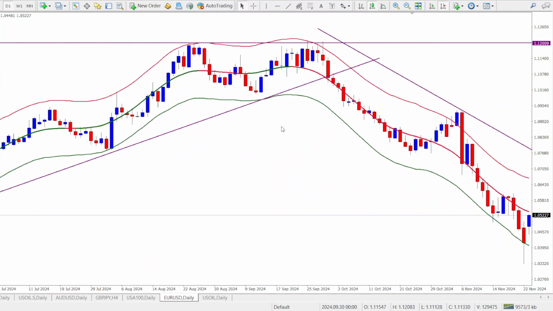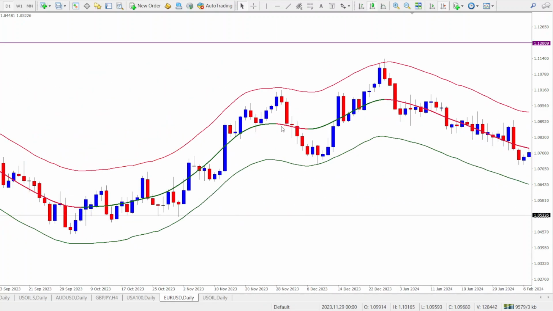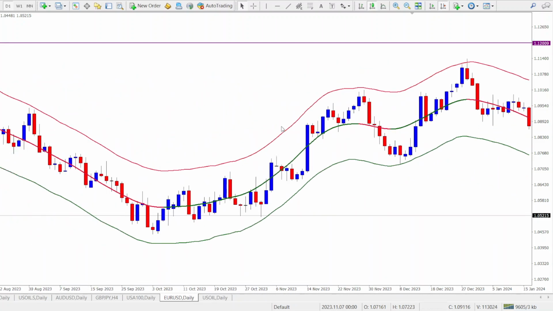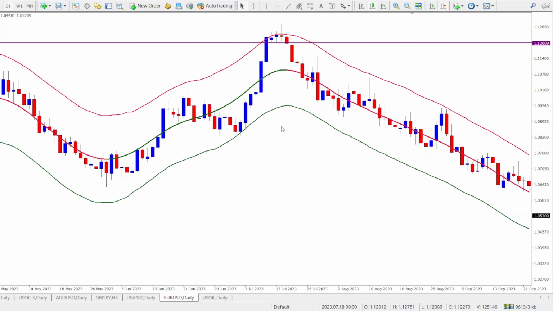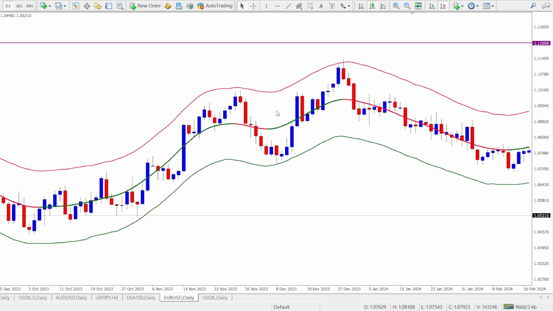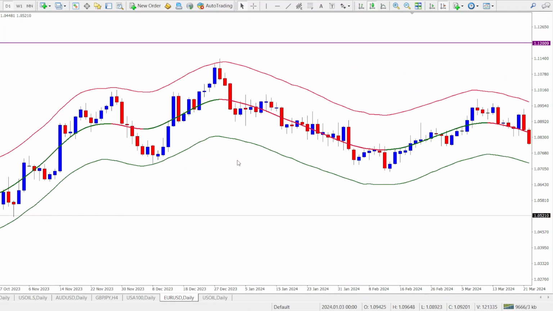Because in situations where you have an increase in volatility, you would likely find the candlesticks pierce through one of the bands. If it was a bullish momentum that was intensified, you would likely see the price pierce through the upper band, as you can see that happened there.